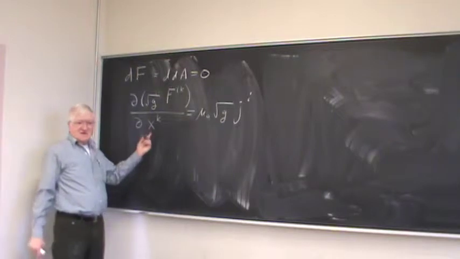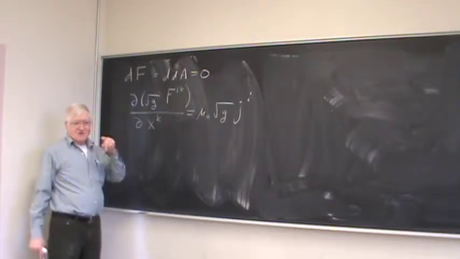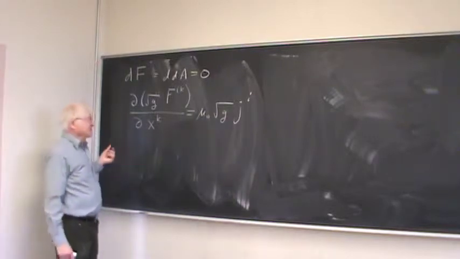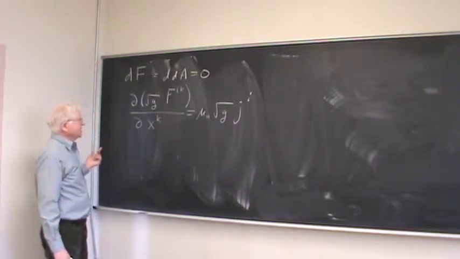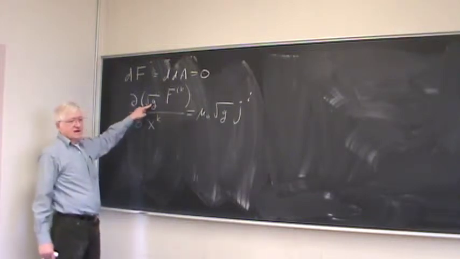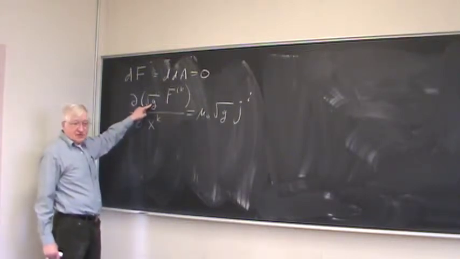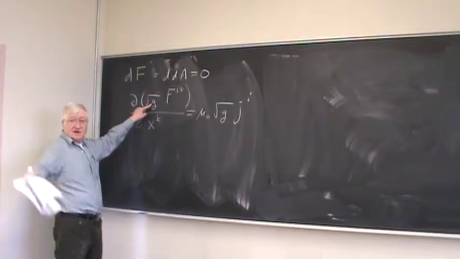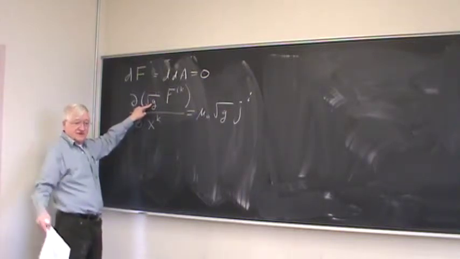The biggest difference between this and the thing I wrote down that's true in special relativity is I interchanged I and K, which of course makes no difference. The change brought about by general relativity is you stick in the square root of the determinant of the metric. So G is this 4x4 matrix that I basically defined on the first board.